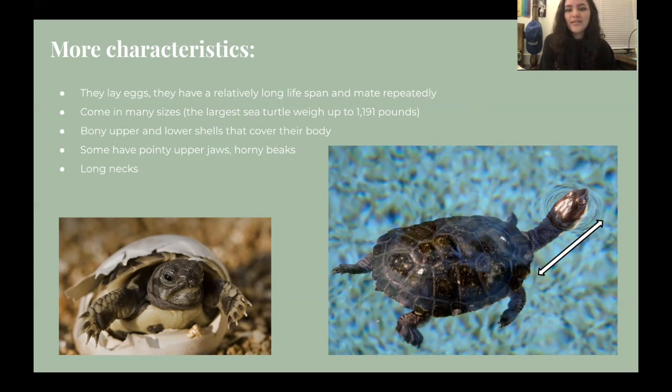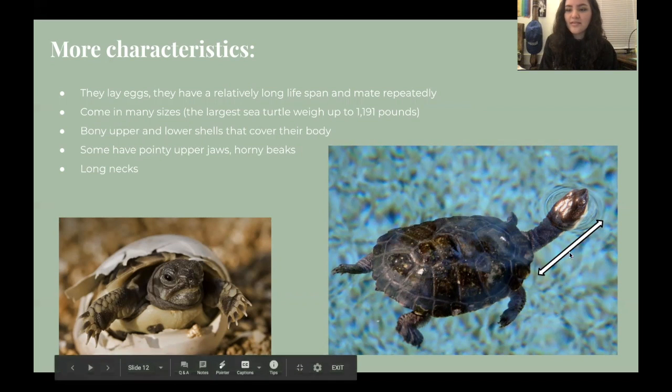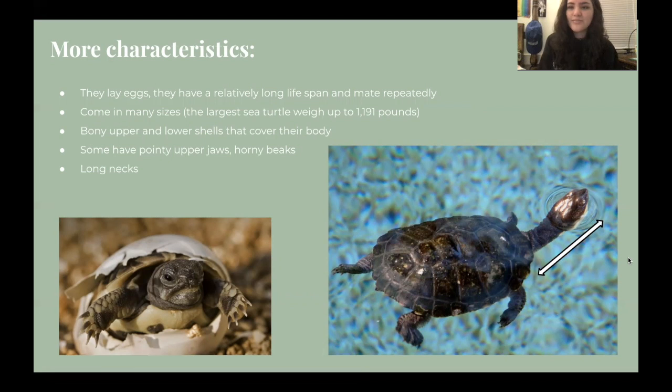Some have pointy upper jaws, horny beaks, like I mentioned before. That's how they get a good grip of their food. They also have long necks, as we can see here. And yeah, that's basically it for this species.